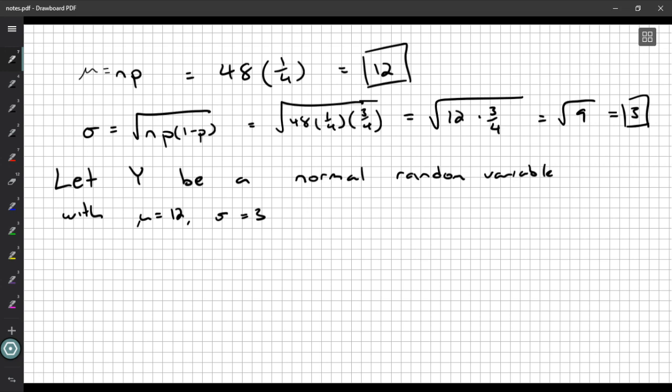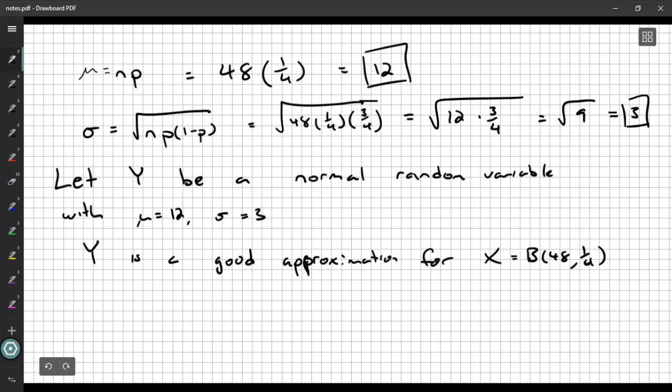And this Y will be a good approximation for our X, which I'll remind you is a binomial random variable. Okay, so we got a normal that's a good approximation for our discrete random variable that we'd like to study.